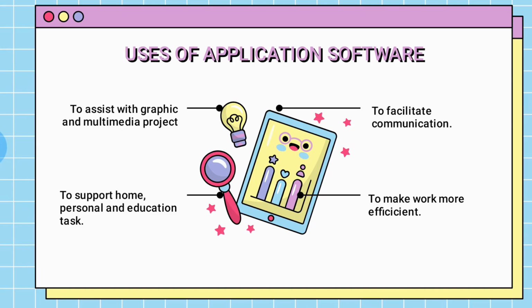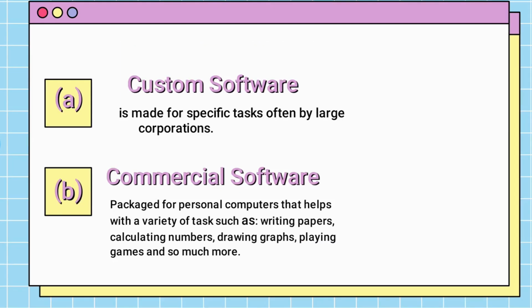You can go shopping, buy online, and create and learn by the use of apps like Google Meet, Google Classroom, and many more. It also facilitates communication, so you can talk and communicate with your loved ones by the use of Messenger, and make our work more efficient. But wait, there's more to that.